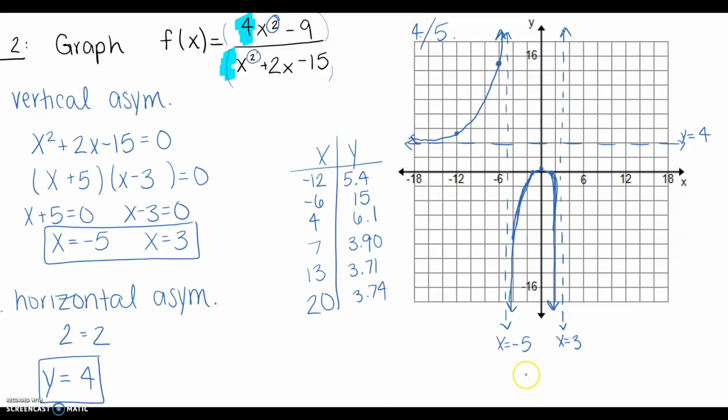So to the right of x equals 3, you'll notice at 4, we go up to 6.1. And then at 7, we go to 3.9.